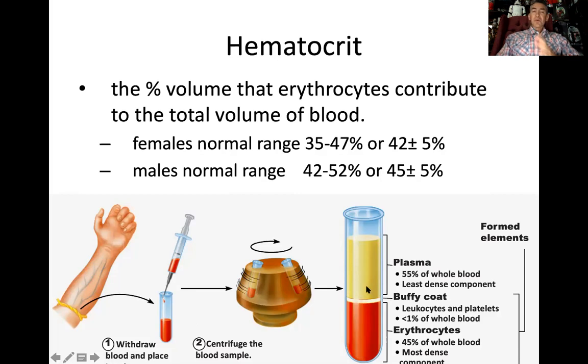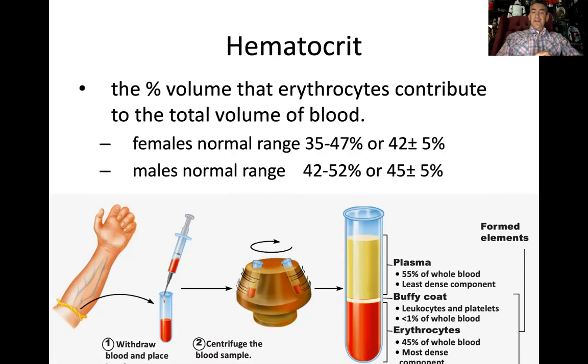So in a normal hematocrit, we should end up with 3 separate distinctions: what we call the packed cells, the red blood cells; the buffy coat, which are the white cells; and then the liquid component, which is basically the plasma. So plasma, the lightest, leukocytes, and then the iron-containing erythrocytes, which are the heaviest.